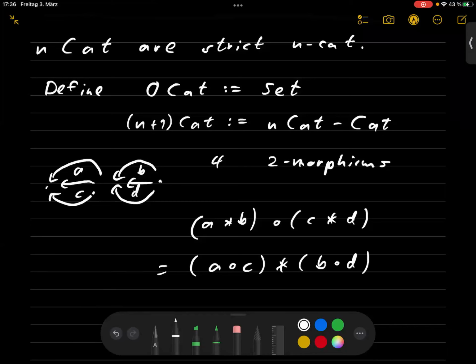And you see already there are different ways to compose morphisms. In this case, this notation means that we compose vertically to a complete morphism from here to there. And the other symbol means that we compose horizontally in this direction.